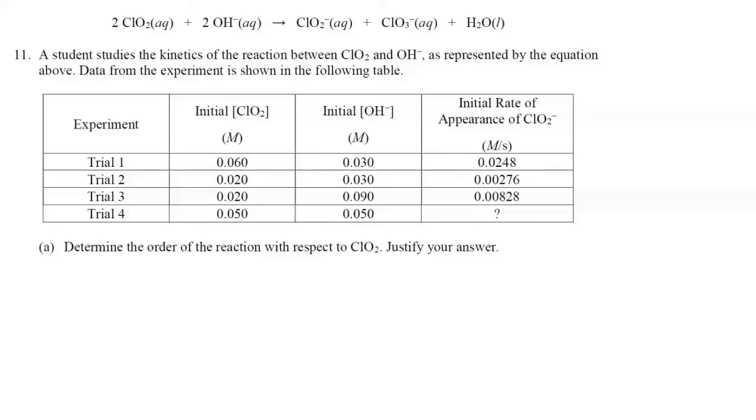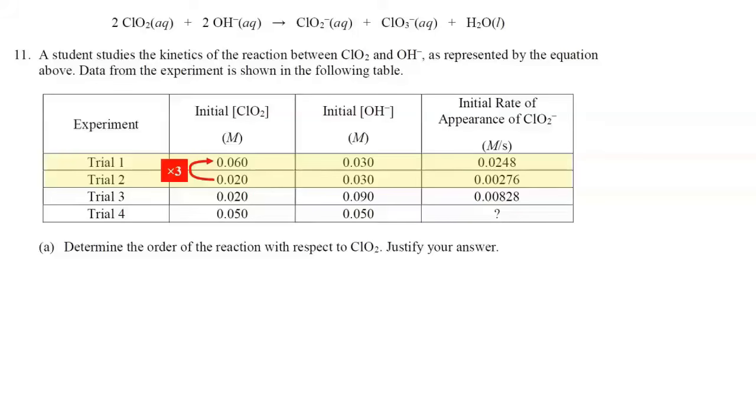So I'm going to compare trial 2 and trial 1. So what I can see is that the initial concentration of ClO2 was changed from 0.02 to 0.06. That's an increase by a factor of 3. The initial concentration of the hydroxide remains constant in these trials.